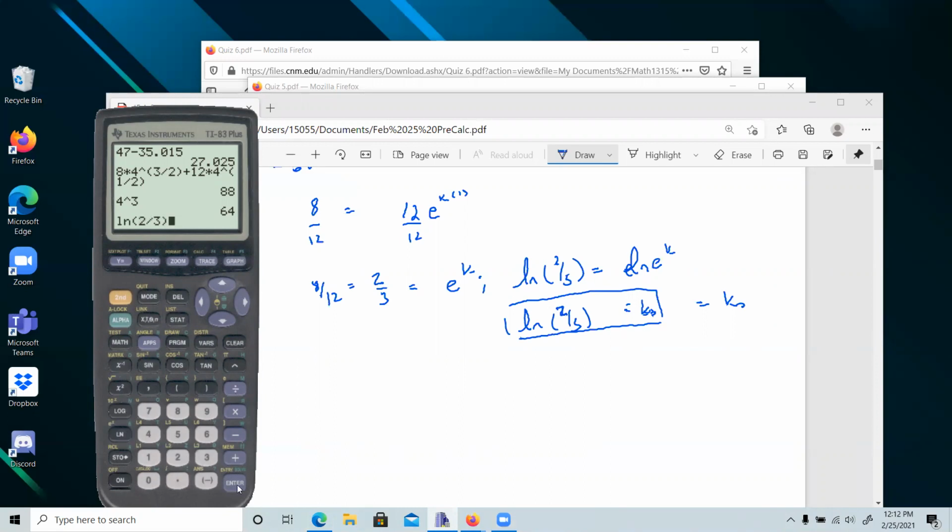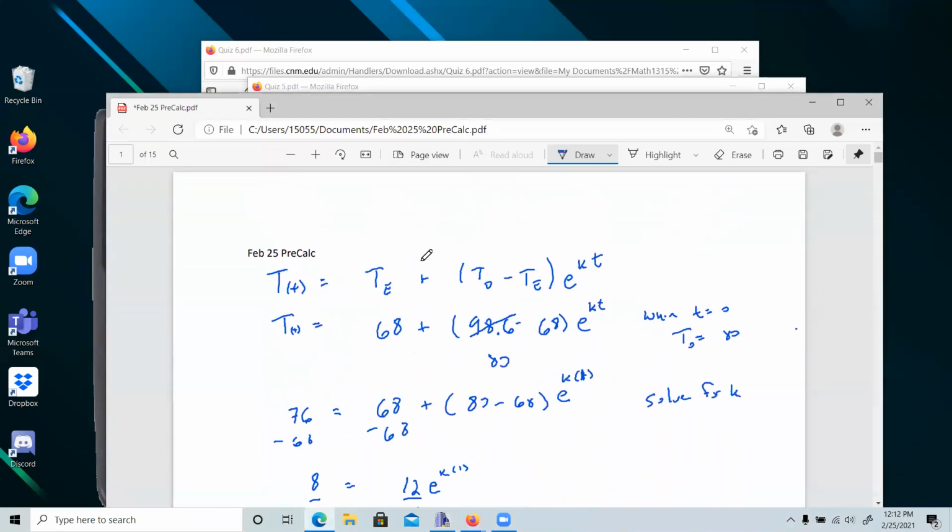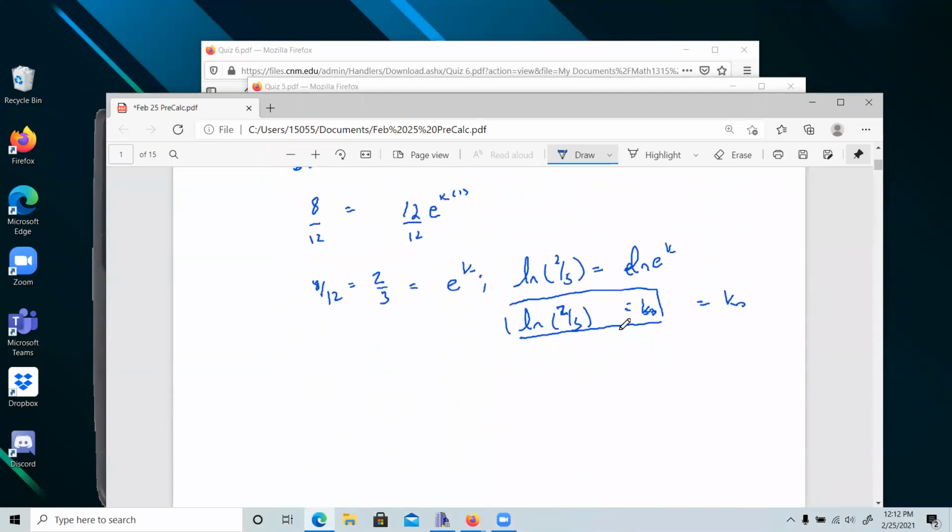Not too many, because we measured the temperatures in whole degrees. So instead of carrying this around, usually I suggest, instead of carrying this around, we could just say, well, I'll go calculate natural log of 2/3 when I need it. All right, so we know k is equal to this.